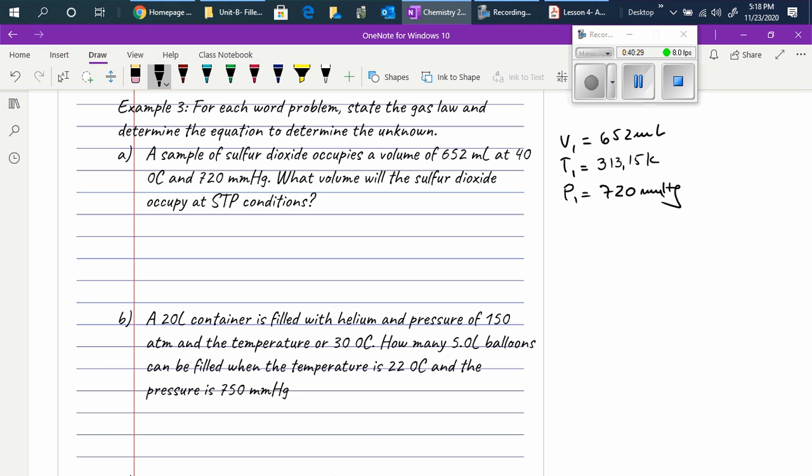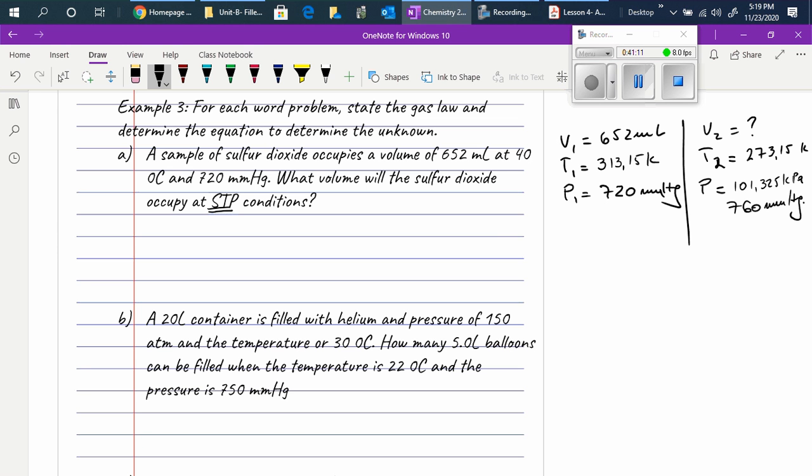mmHg. Okay, so now we are dealing with STP conditions, which tells us that volume 2 is unknown. Temperature 2 will be 273.15 Kelvin, and then the pressure will be 101.325 kilopascal, or 760 mmHg.